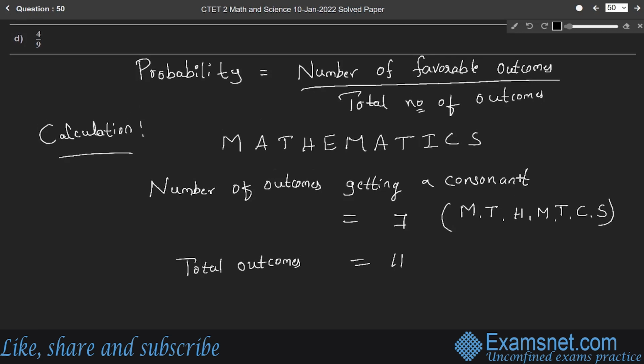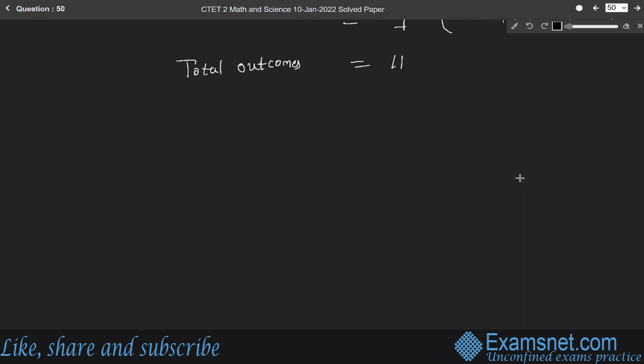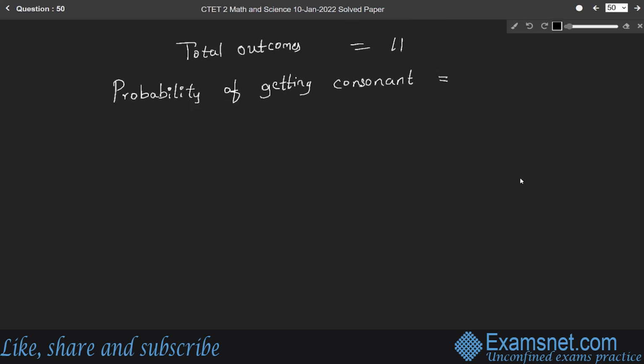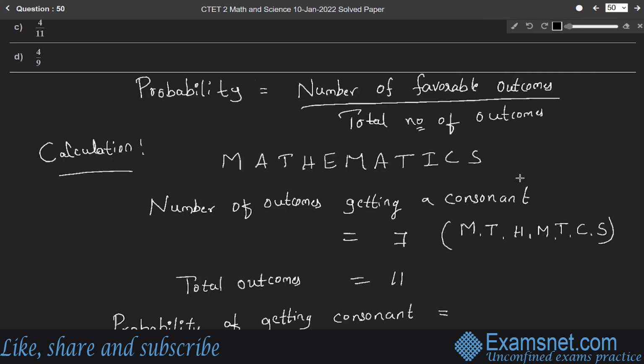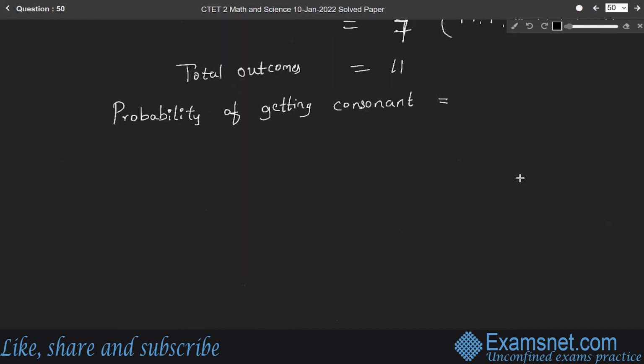Probability of getting a consonant is equal to, so here the number of outcomes getting a consonant is 7 and the total number of outcomes is equal to 11, so the probability of getting a consonant is 7 by 11, right?